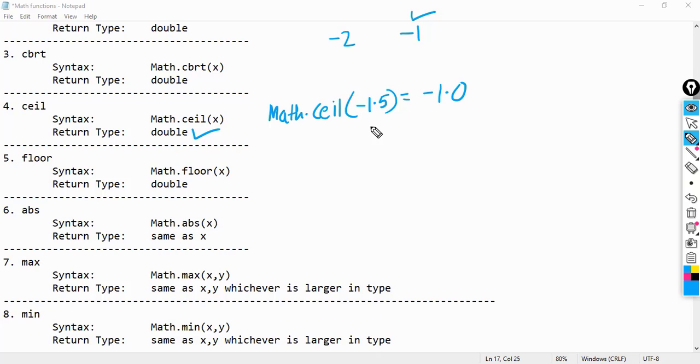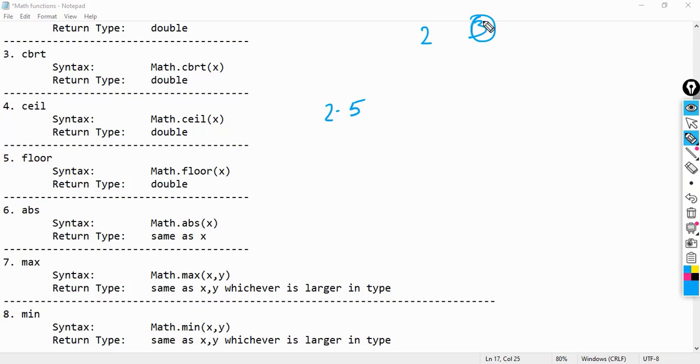Similarly, if you want to find the Ceil value of 1.1, it comes between 1 and 2. The bigger number is 2. So the answer will be 2. Let's take another number, 2.5. 2.5 comes between 2 and 3.